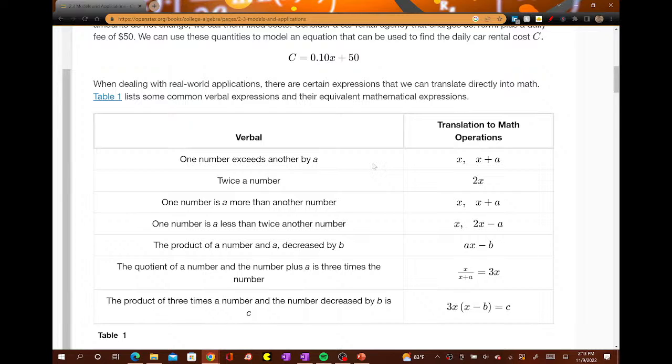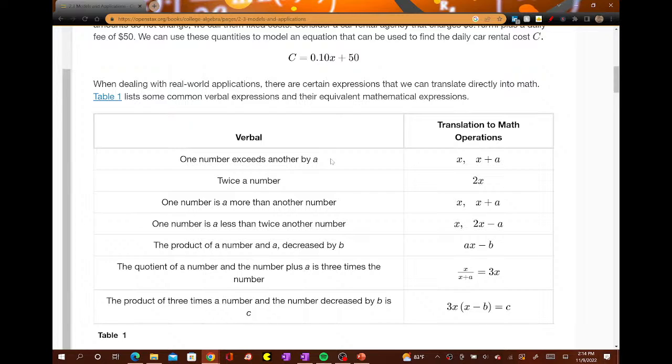Table 1 lists common verbal expressions and their equivalent mathematical expressions. It says one number exceeds another number by a, and that means that when we have a number x and it's exceeded by another number a, it goes from x to x plus a.